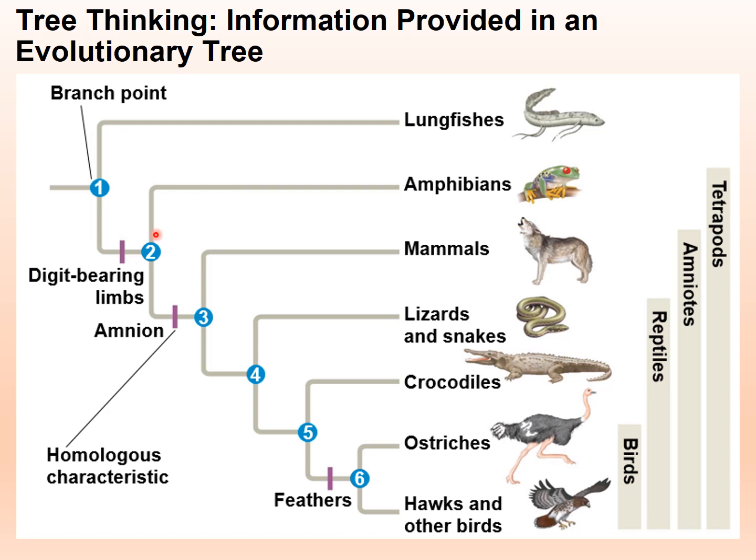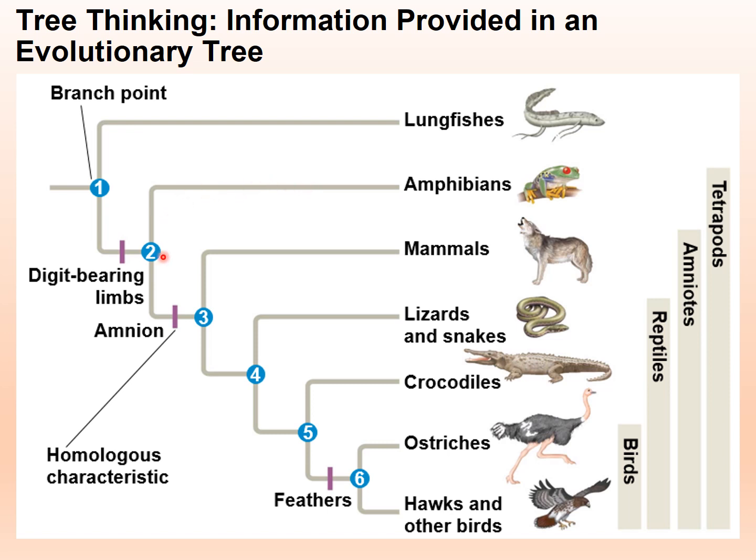Now, that's not always the case, and that relates to convergent evolution. But convergent evolution is based on analogous structures, not homologous structures. So trees are best built using homologous structures. Analogous structures make it difficult to create an accurate tree.